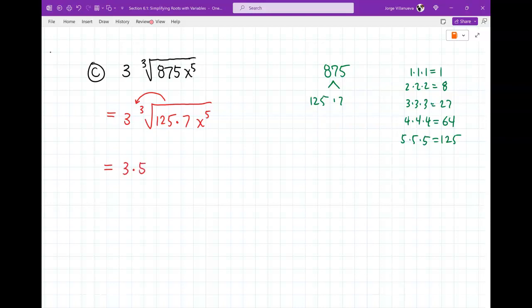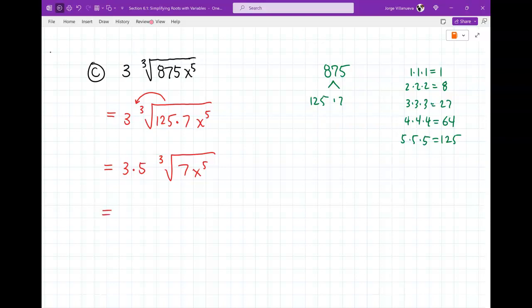So I get 3 times 5 cubed root of 7 x to the 5th. I'm just doing this in 2 steps because I don't want to confuse you with numbers and letters. Why is it multiplied by 3? Oh, there's a 3 outside already. Of the original problem had it, yeah.